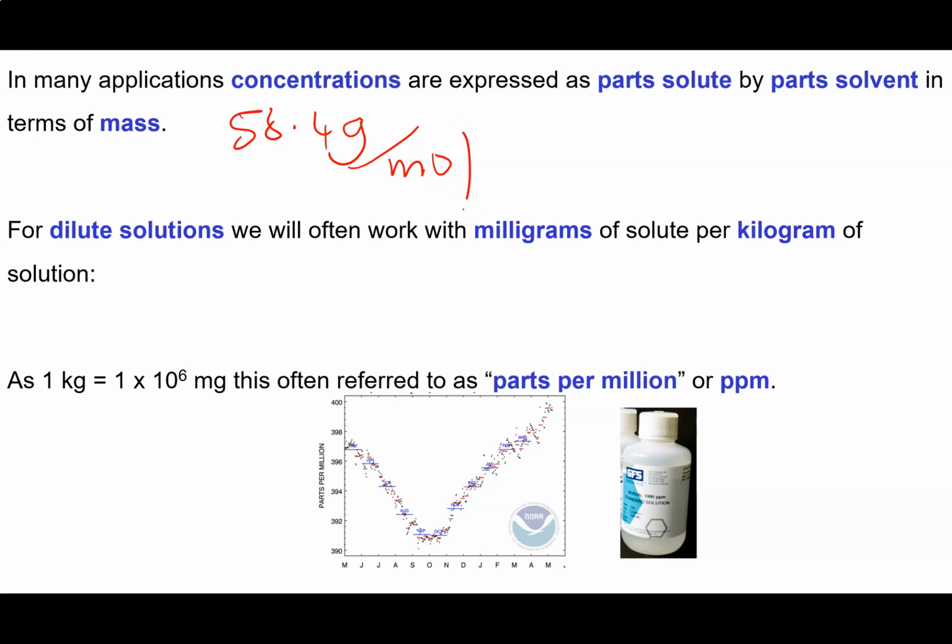So in 1 mole, you need 58.4 grams of sodium chloride. So if you have 1 mole per liter of sodium chloride, that's equivalent to having 58.4 grams of sodium chloride per liter. That's quite a lot. Often we're dealing with things that are a lot more dilute.